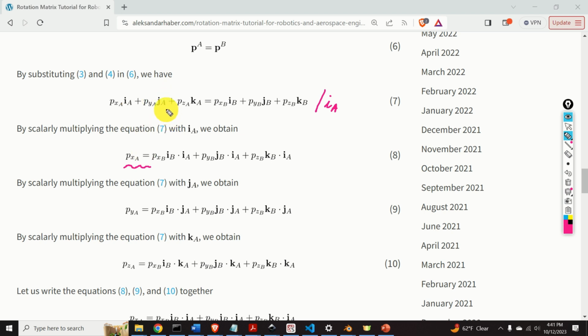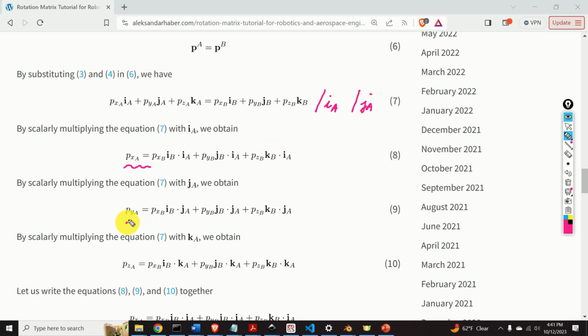JA scalarly multiplying IA is equal to 0. This is because JA and IA are orthogonal. KA scalarly multiplying IA is also 0. And the right-hand side is just multiplied by IA scalarly, and we obtain this equation. Next, let us scalarly multiply this equation by JA.